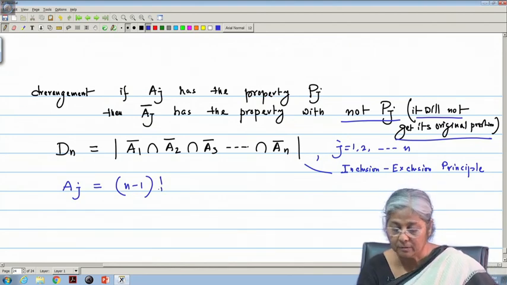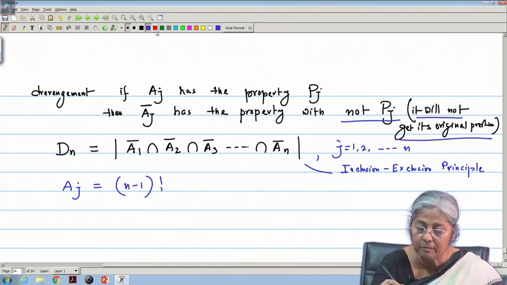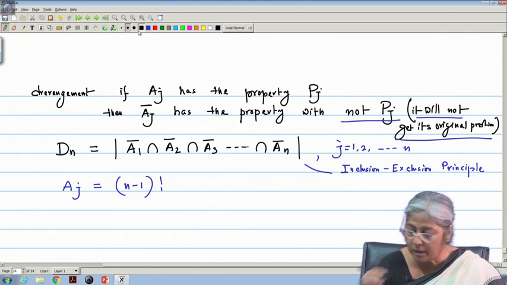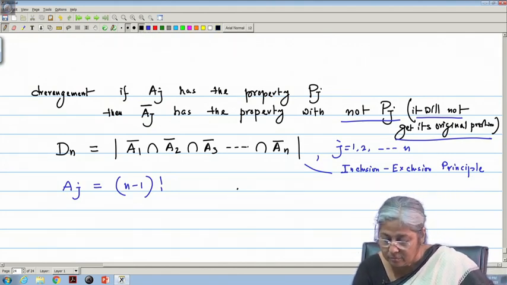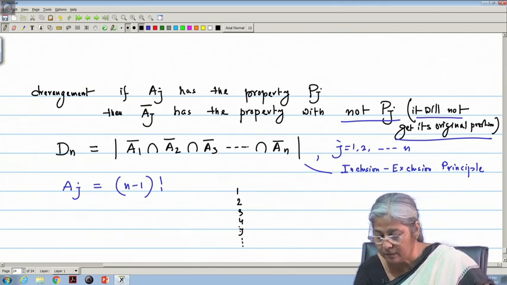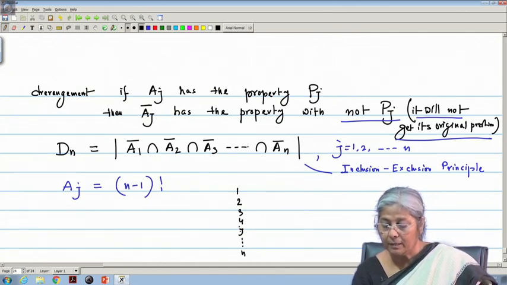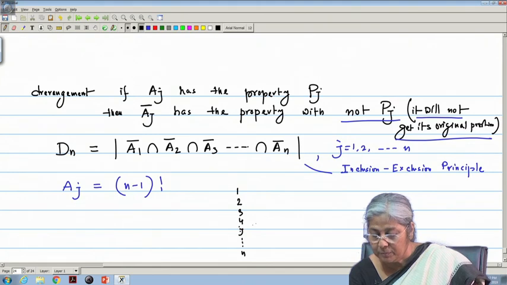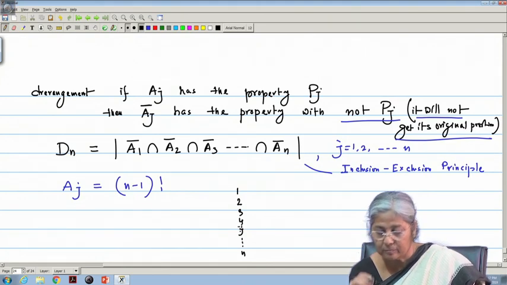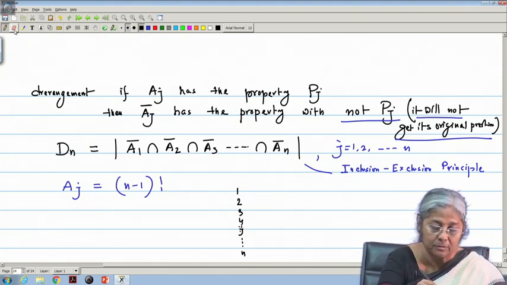Why? Because see, I have elements like 1, 2, 3, 4, and so on up to n. Now, when it will be getting the place... Okay, I will explain in a different way.